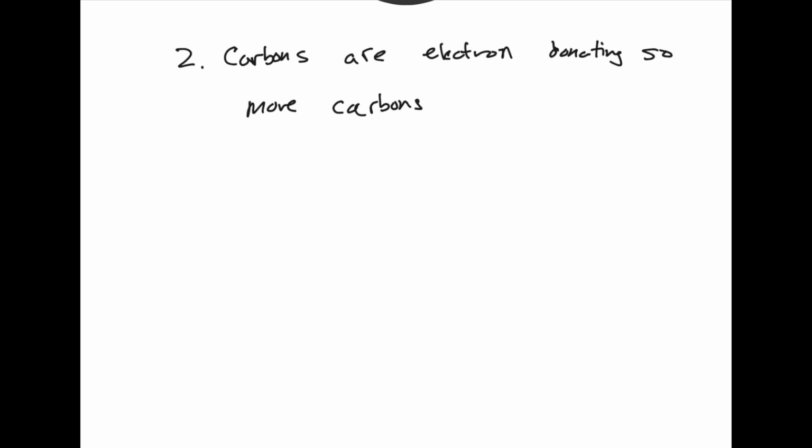is that carbons are electron donating, and more carbons makes the pi bond, the double bond, more negative.